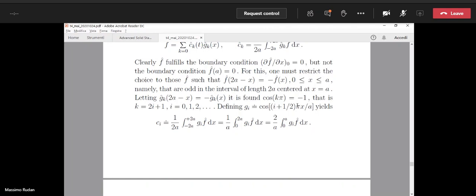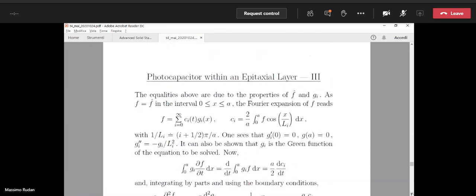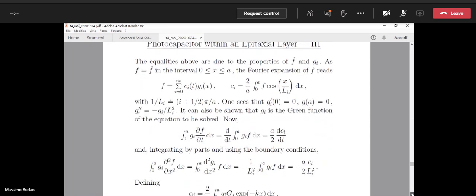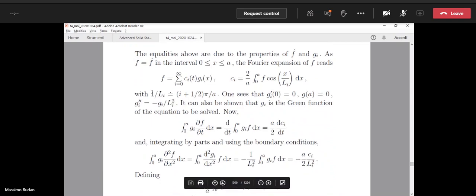Of course, this argument is the inverse of a length. So for compactness, we introduce this symbol 1 over capital L_i, that is (i plus 1/2) pi over a, okay?